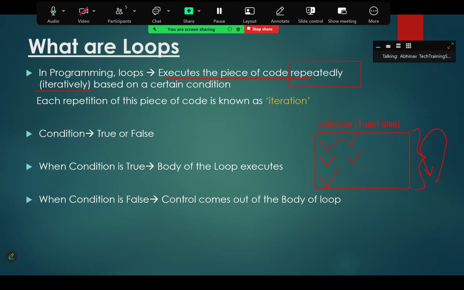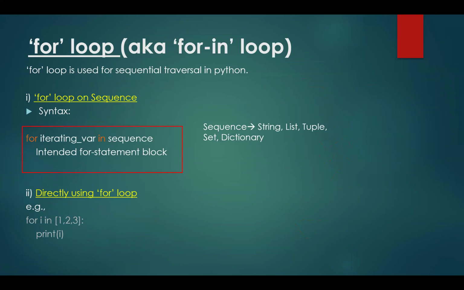It will execute a number of times as long as the condition is true. As soon as the condition becomes false, it will come out of this iteration and will not execute these statements. So when the condition is true, the body of the loop executes. And if the condition is false, control comes out of the body of the loop.